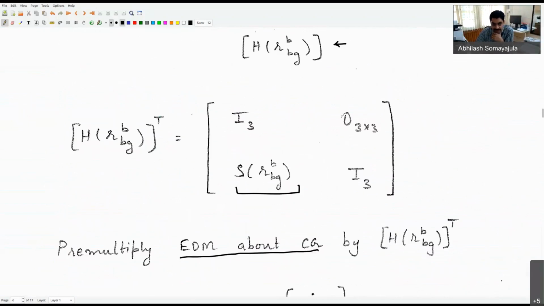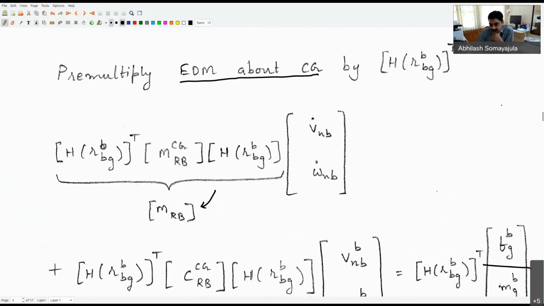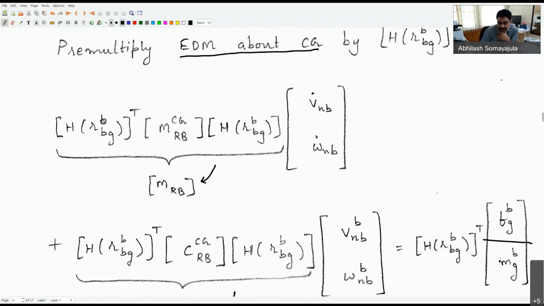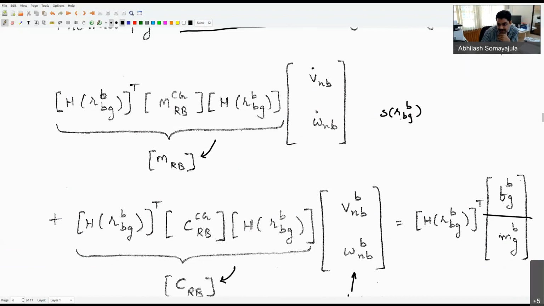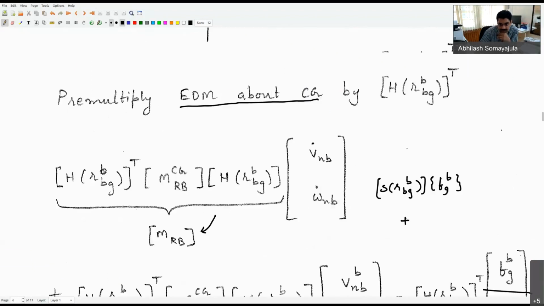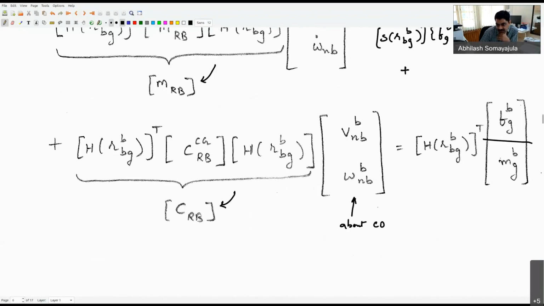In fact, if you look at what happens to the moment, you can already guess that. When I do the moment, and I am looking at the bottom half, I'll have S(r_bg), which is the term here, multiplied by F_GB, plus I3, which is the identity matrix, times M_GB.